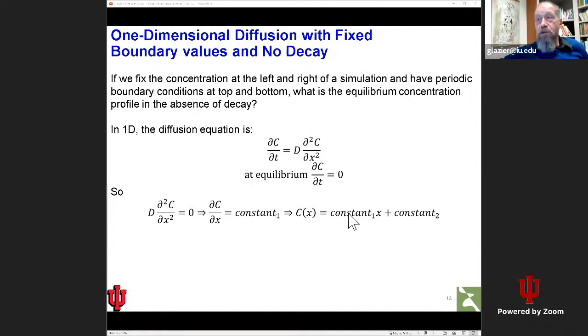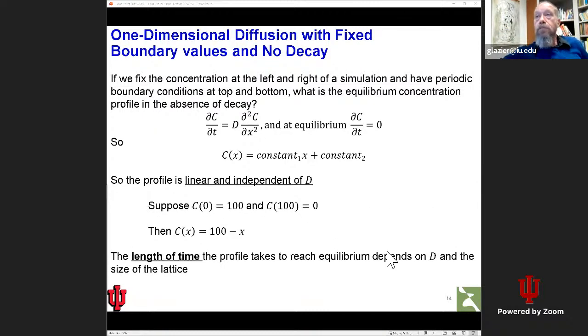And we have to pick the values of the constants so that at the left-hand side it has the right value, and the right-hand side it has the right value. So we get a straight line. It's what's called the linear gradient. So the profile is linear and independent of the diffusion constant. If we set a value of 100 on the left and a value of 0 on the right, and our box size is 100, then c of x is 100 minus x.